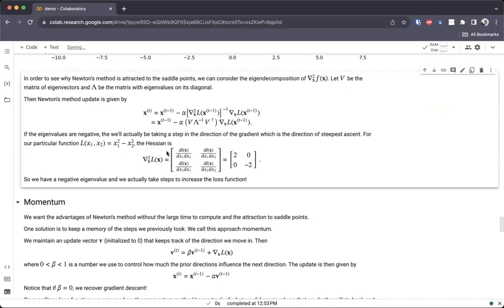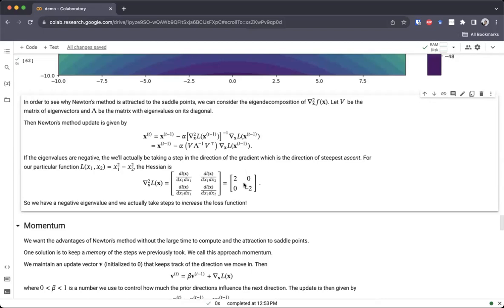If we take the derivative with respect to x1 and x2, we get 0, because the derivative of this with respect to x1 is 0, and the derivative of this with respect to x2 is 0. And if we take the derivative of this with respect to x2 twice, we get minus 2.